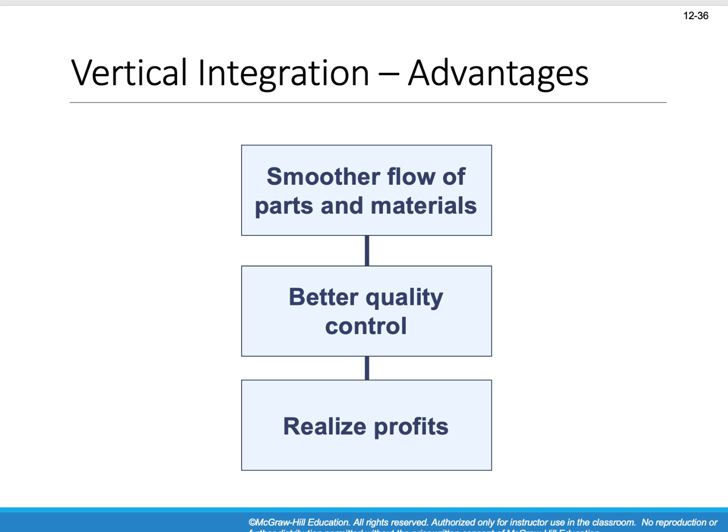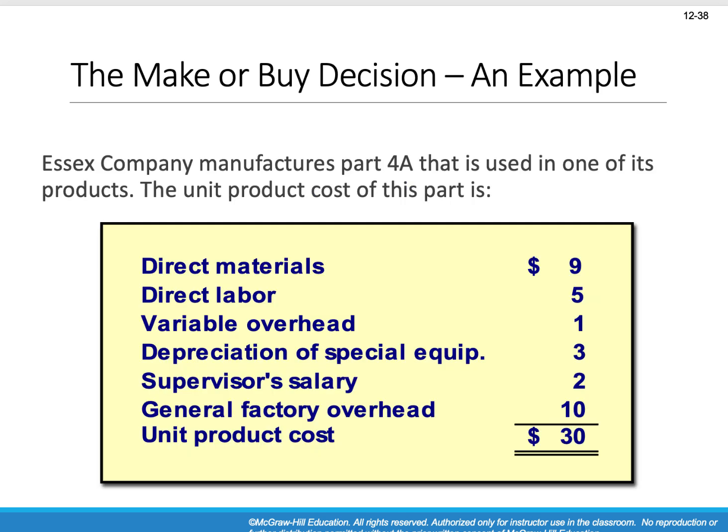So let's take a look at a make or buy example here. There's this company, Essex Company. They manufacture part 4A. That's the name of the part, 4A, and they use this part in a product.